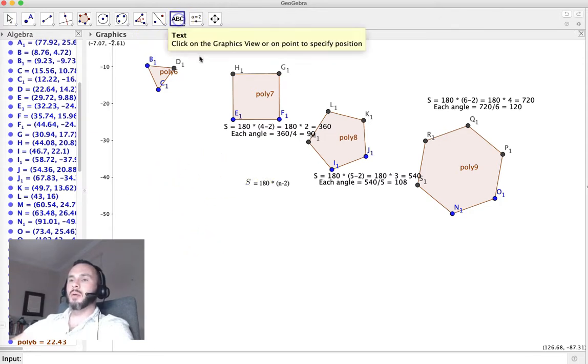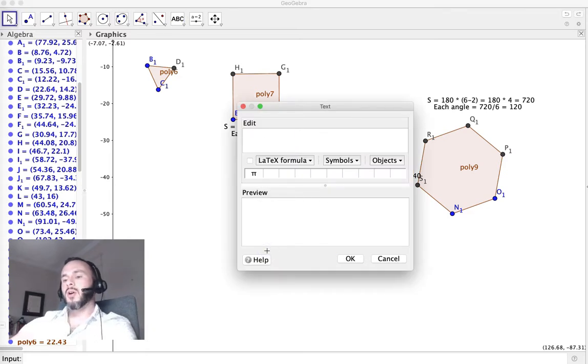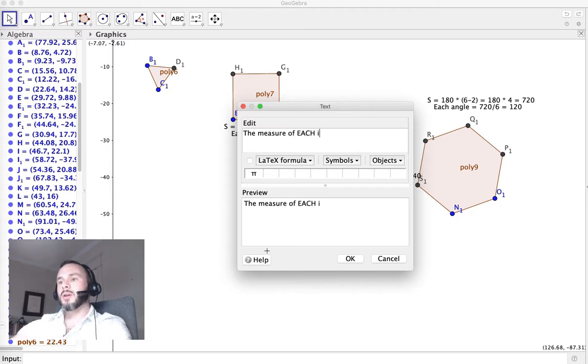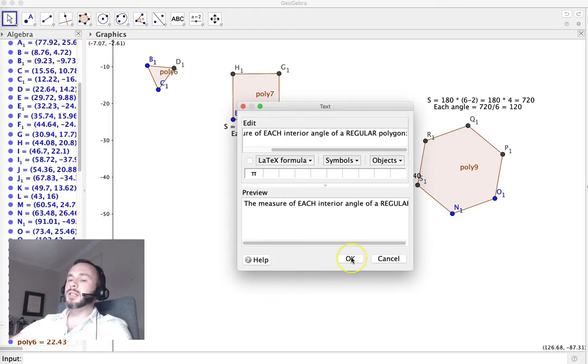So now we're going to come up with a new formula for the measure of each interior angle of a regular polygon. It has to be a regular polygon, okay?